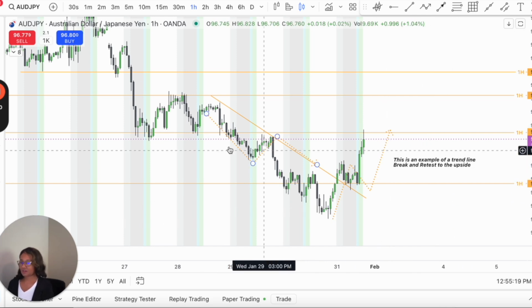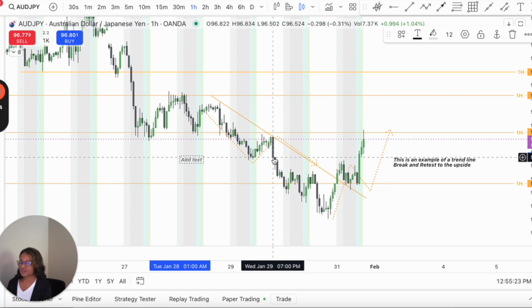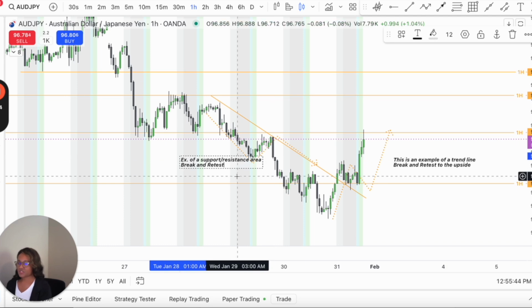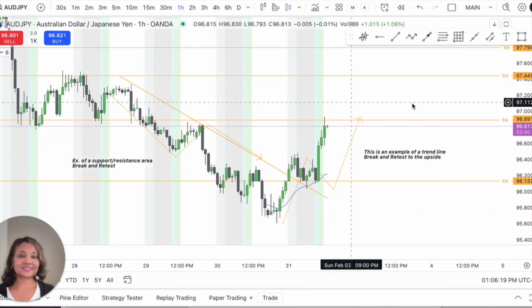So we could add here that this is an example of a support and resistance area break and retest. This will help us as we continue to practice and study.